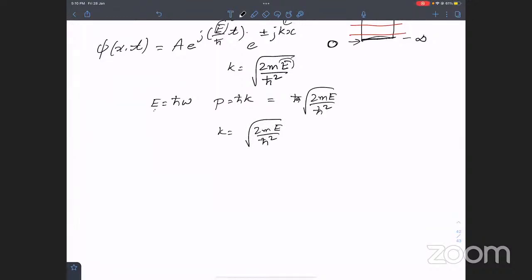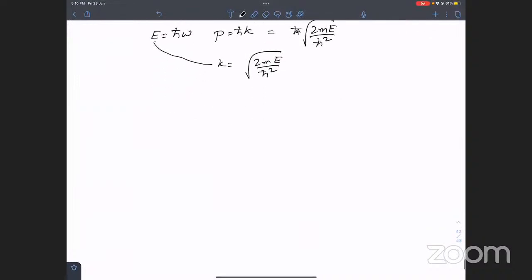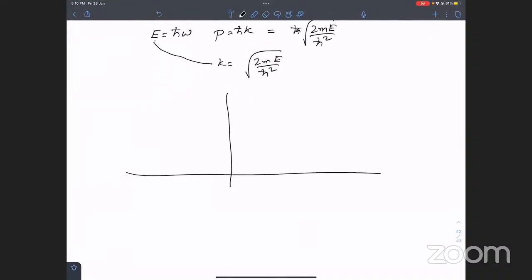There is a relationship between E and k. Let us plot that. E is always on the y-axis, and k is always going to be on the x-axis.